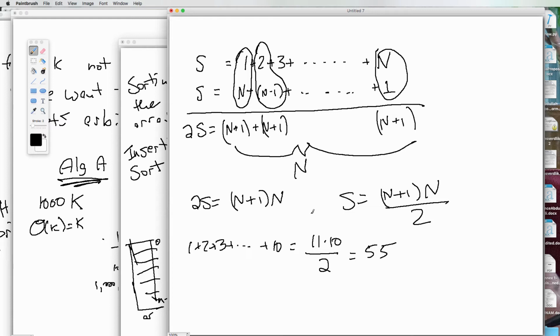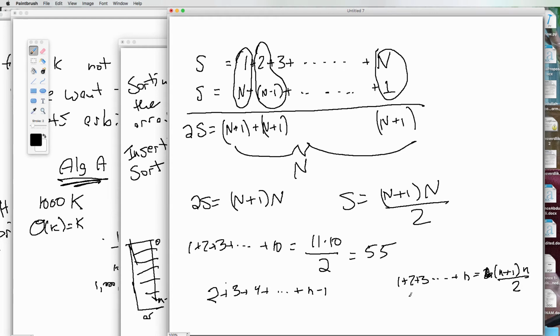Okay, so we just need to finish our analysis for the insertion sort. And remember, we said that for insertion sort, if we started counting things, we got 2 plus 3 plus 4 plus all the way up to n minus 1. This was assuming that we had an array with n elements in it. Well, if we look at this formula over here, we know that 1 plus 2 plus 3 plus up to n is equal to n plus 1 times n over 2.